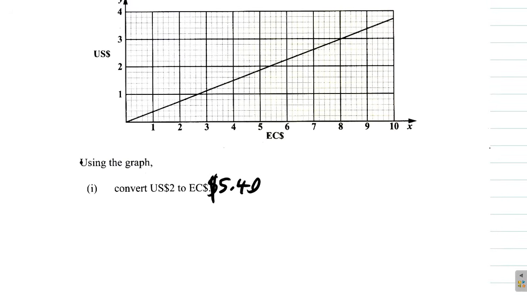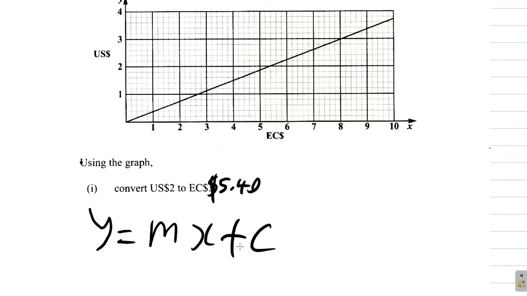What's the general equation of a straight line? It is y equals mx plus c. m is the gradient, c is the y-intercept. Where is the y-intercept? You can see right here, it's at the origin. So c is 0, so y equals mx plus 0.